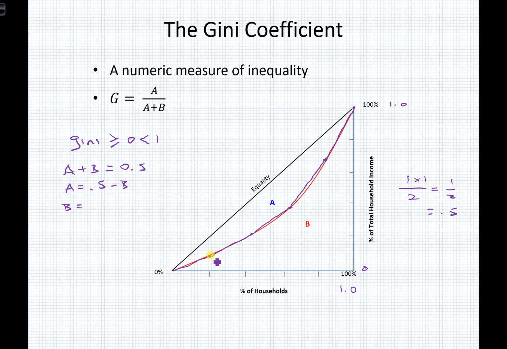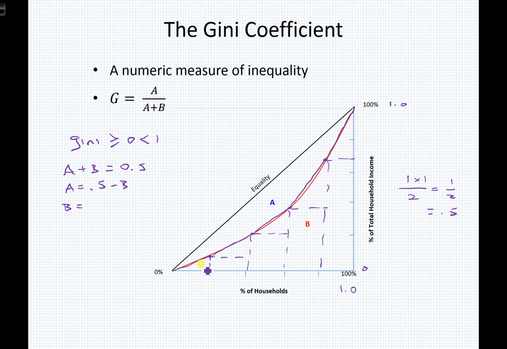If you look at B, it's a triangle, and then if we give some lines here, we see that it's simply a series of rectangles and triangles, because this wasn't this nice sweeping curve. This was 5 straight lines. If we're dealing with quintiles, it would have been 10 straight lines if we're dealing with deciles, 100 straight lines if we're dealing with percentiles.